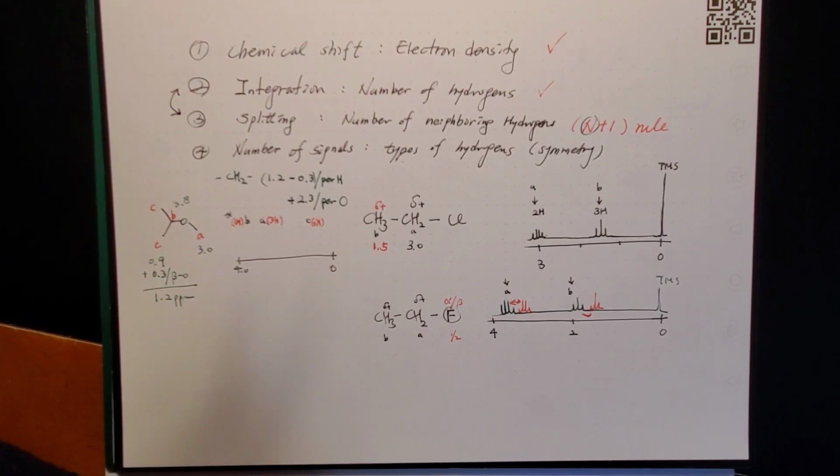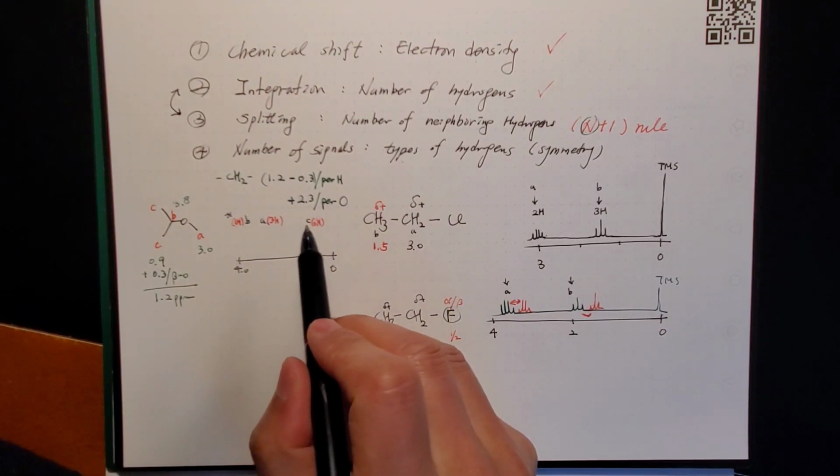Therefore, height is not always matching with integration, especially when you have multiplets, more than a couple of splittings, right? Unless you have a doublet or triplet, you should not go by height as a measure of integration.